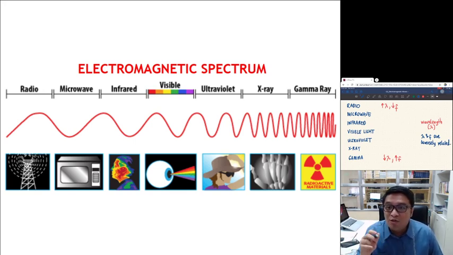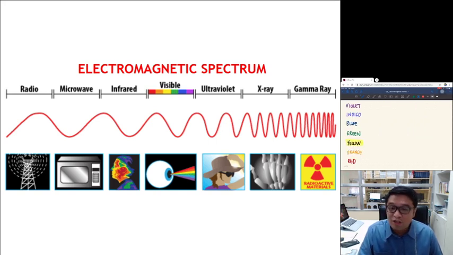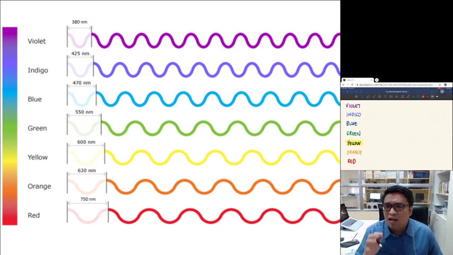Now, we can zero in on the visible light spectrum where we see different colors, the ROYGBIV, and looking at this diagram, we can also see that each color has different wavelengths.